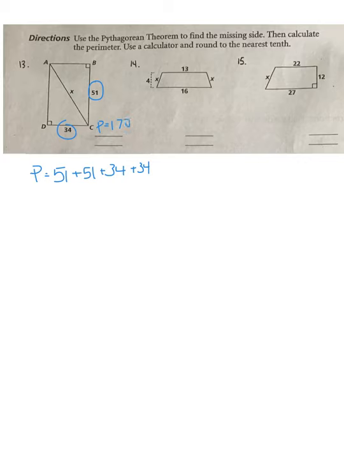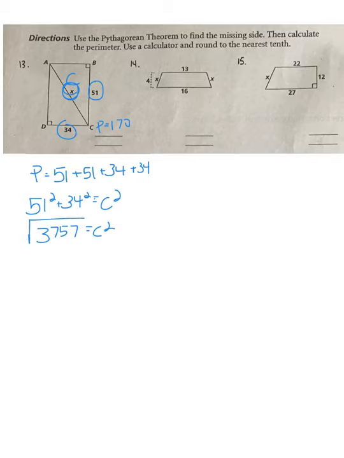Now to find the missing side, this right here, we're going to do the Pythagorean theorem. 51 squared plus 34 squared equals, we'll call this c squared, just because that's what the Pythagorean theorem calls it. 51 squared plus 34 squared equals 3,757.